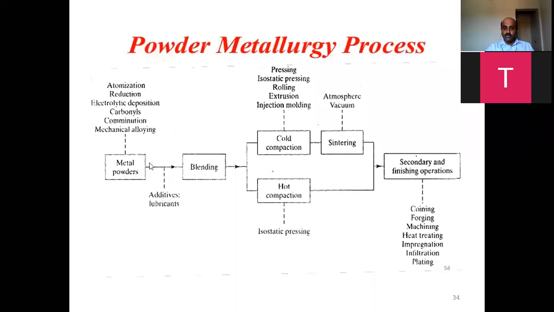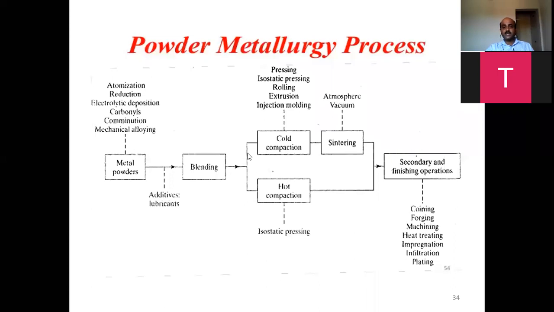Once the metal powders are manufactured, they are mixed with binders, additives, and lubricants. Once added, they need to be blended and mixed properly using suitable blending machines.